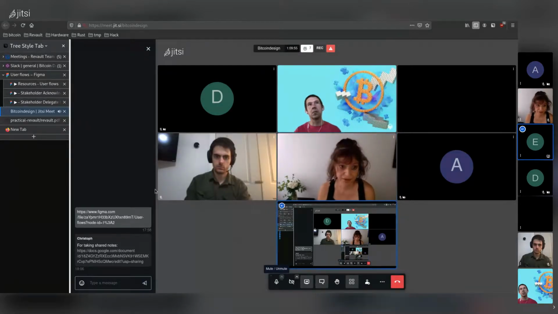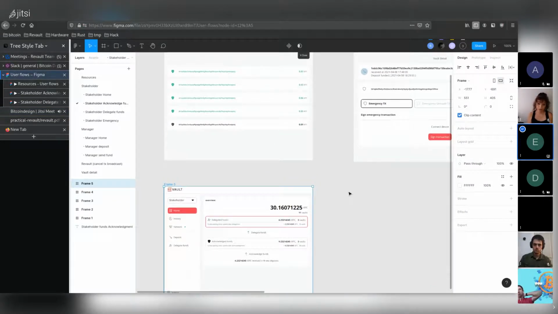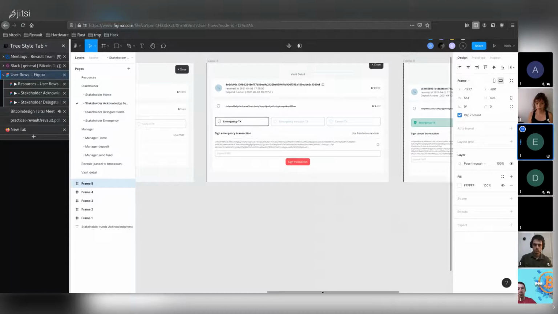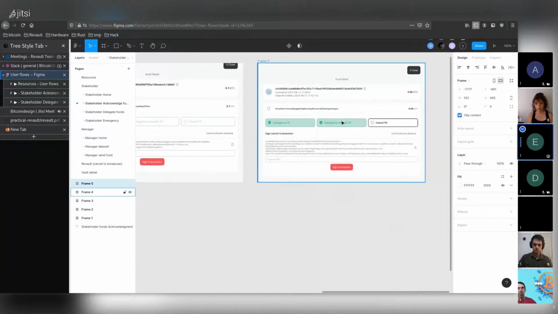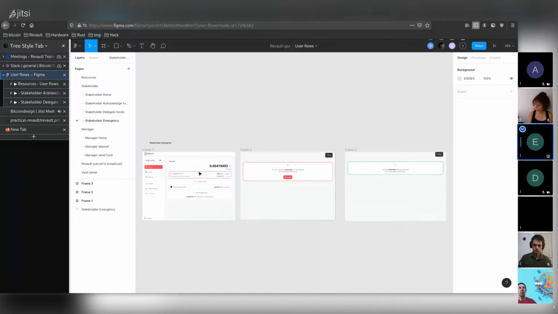Yes, totally. We need to have another way to just say, hey, you give money to other people. But at this stage of the acknowledge vault, nothing is done for the manager yet. We are just pre-signing the transactions in case there is a problem. The idea is, for example, you are a stakeholder and you have some kind of emergency.